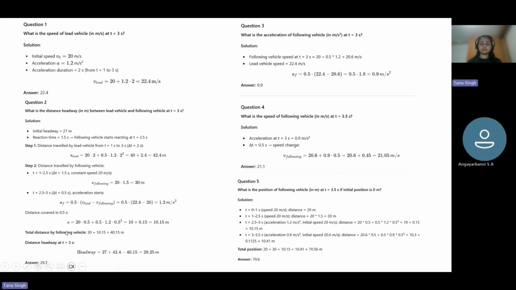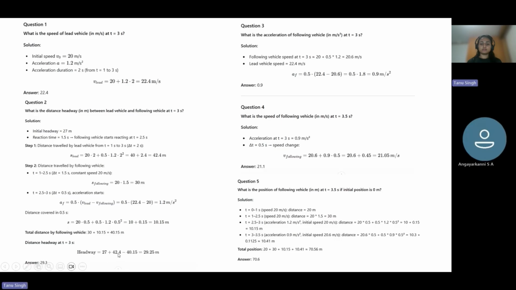So total distance covered by the following vehicle is 30 plus 10.15, and total distance covered by the leading vehicle is 42.4. So the distance headway at t equals 3 seconds is 27 plus 42.4 minus 40.15. 27 was the initial headway that was given.